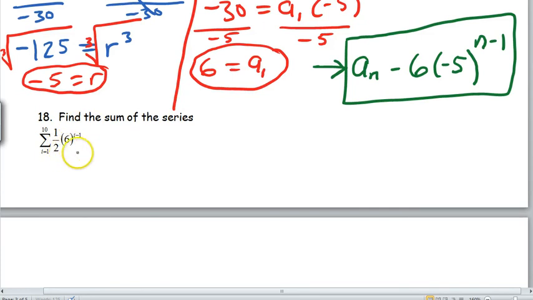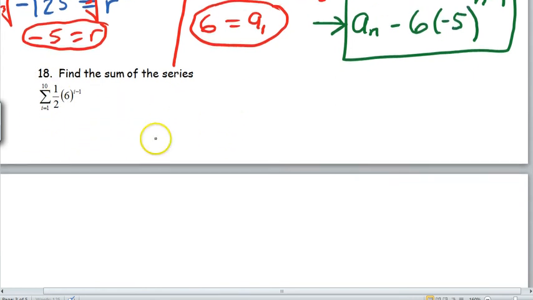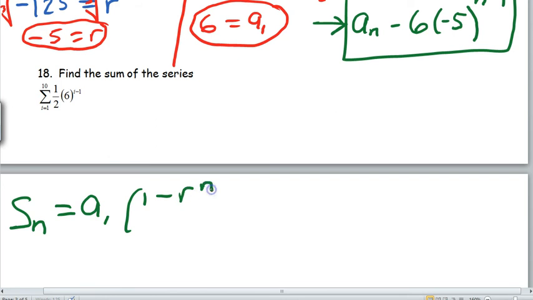All right, last problem. The sum. This symbol means do the sum. There is a formula for the sum. The sum formula is this. The sum of the first n terms is A1 times 1 minus R to the n power over 1 minus R. I'm simply going to use that formula.